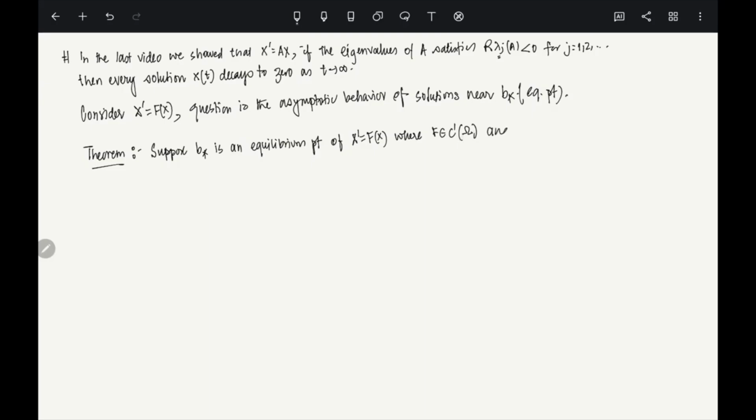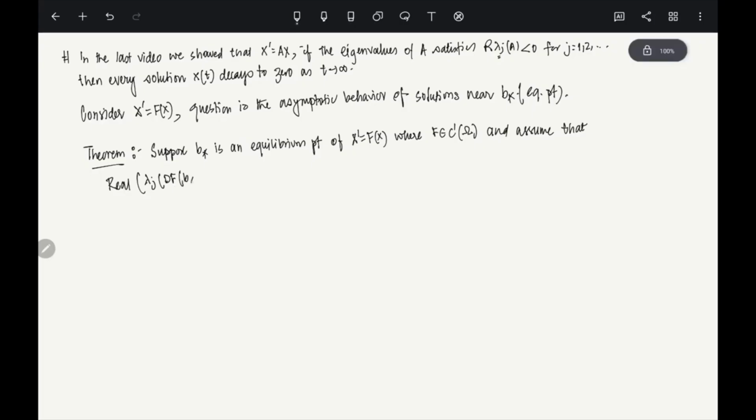And assume that the real part of the eigenvalues, so you look at the eigenvalues of df star. What is df star? It is basically the derivative of the function f evaluated at b star.